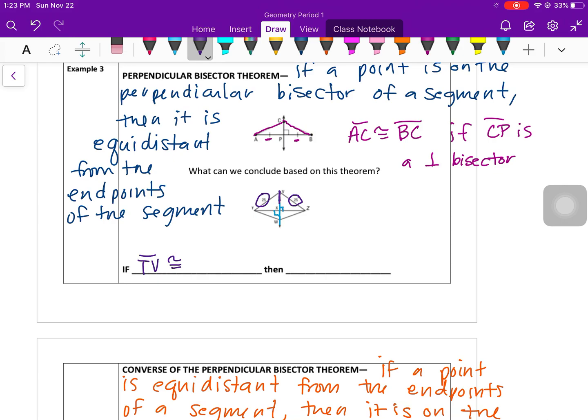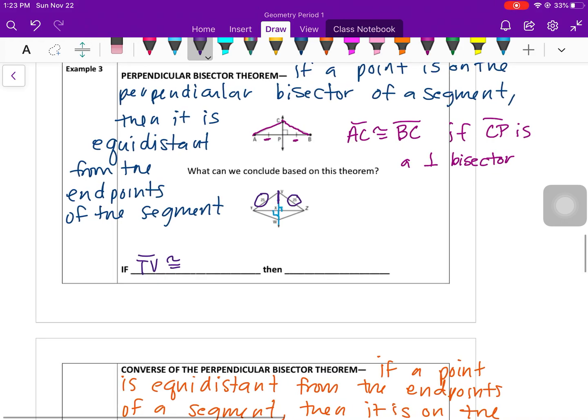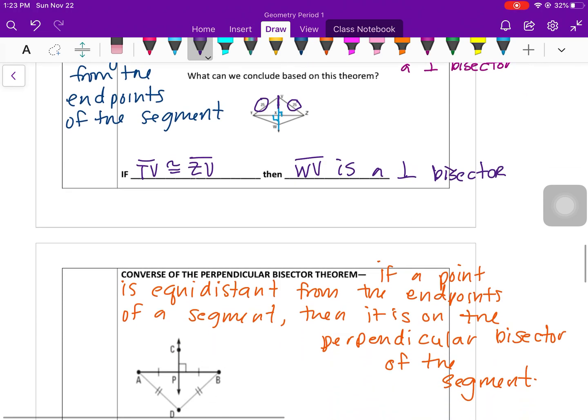I know it's small, I apologize for that, but they're both equal to 25, so we know they're congruent. So if TV is congruent to ZV, then we know that WV is a perpendicular bisector, and we would be able to solve that triangle algebraically if we were given some x's and y's.